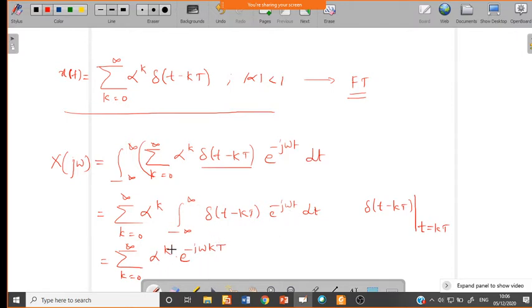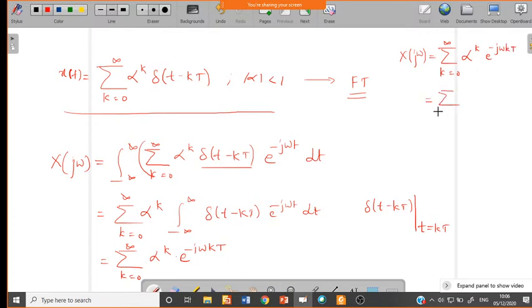Now we can evaluate this. We know this in the alpha power n form. So X of j omega is equal to summation k equal to 0 to infinity alpha power k into e power minus j omega kT.